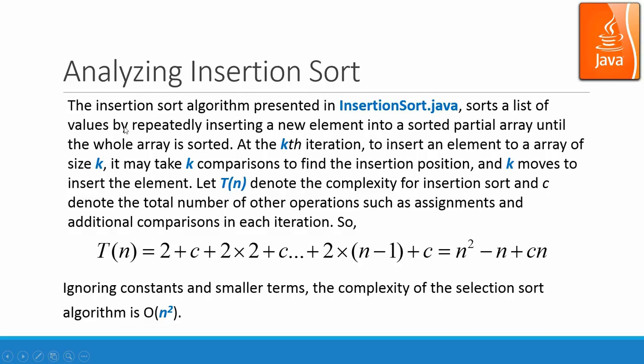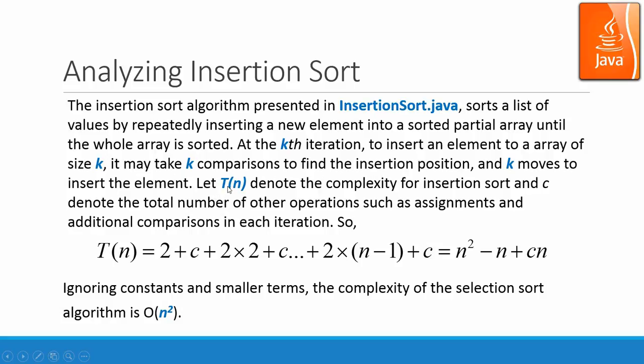Analyze insertion sort. The insertion sort algorithm presented in InsertionSort.java sorts a list of values by repeatedly inserting a new element into a sorted partial array until the whole array is sorted. So for the k-th iteration, you insert an element into an array of k elements and may take k comparisons to find the insertion position, and k moves to insert the element.